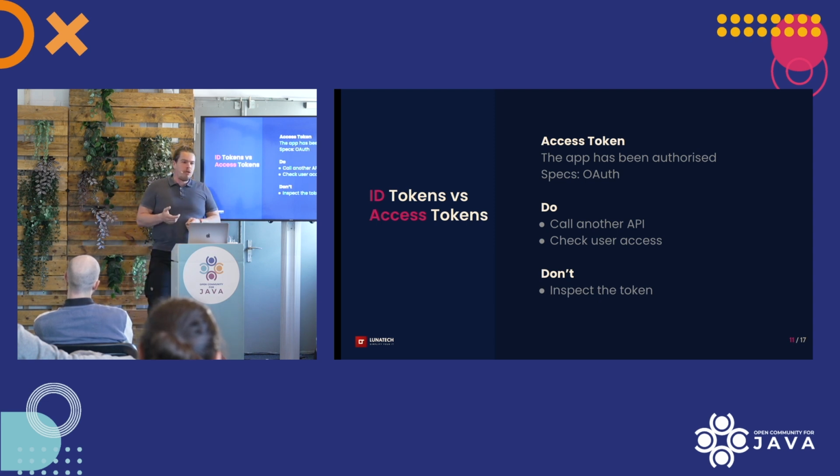But if you use, for example, Azure or some other providers, it might be an opaque access token. So it's literally a random string of gibberish, and only the Azure backend can inspect the token. And what they then mostly provide to you is a token introspection endpoint, so you can send the access token back to Azure, and it will tell you this token is still valid for X minutes.